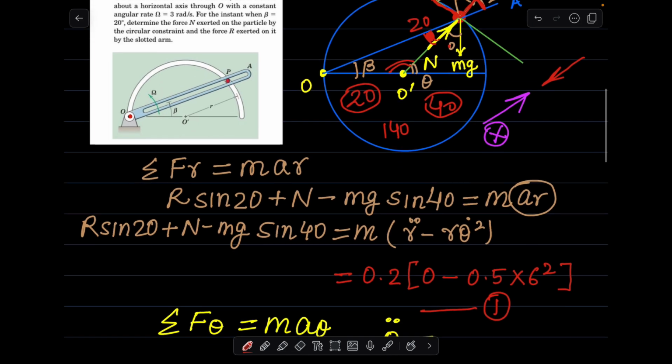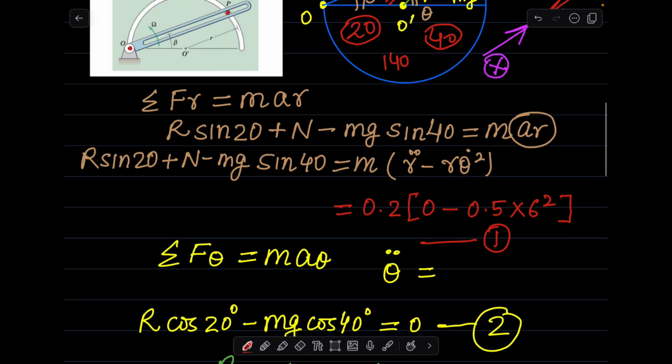Now let's move on and calculate the forces in the r direction. So I will equate all the forces working in the r direction. I'm going to write R sine 20 plus N minus mg sine 40 is equal to m ar. Now ar is the acceleration in the radial direction.